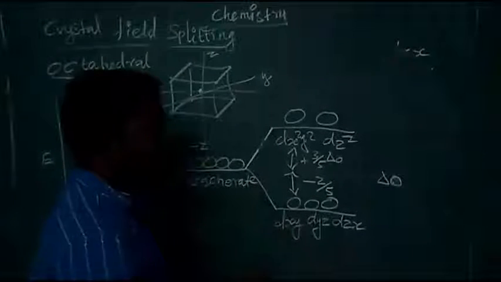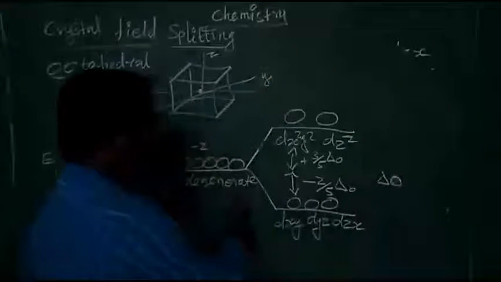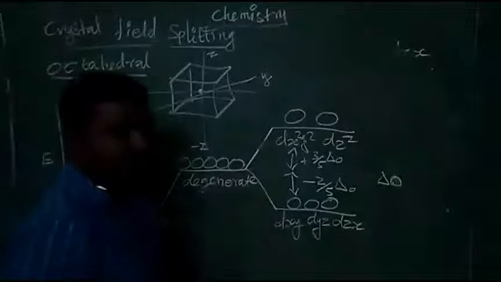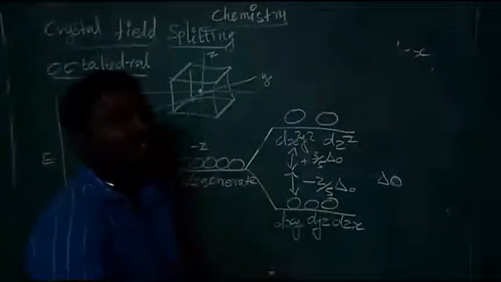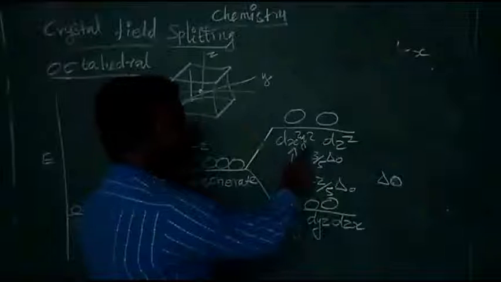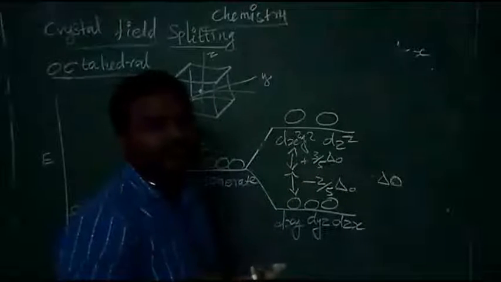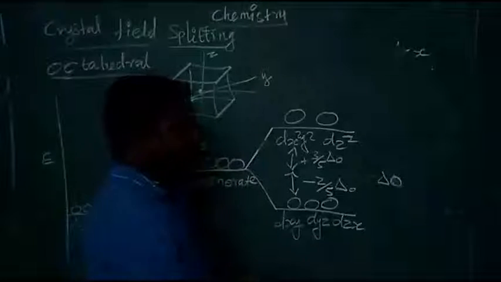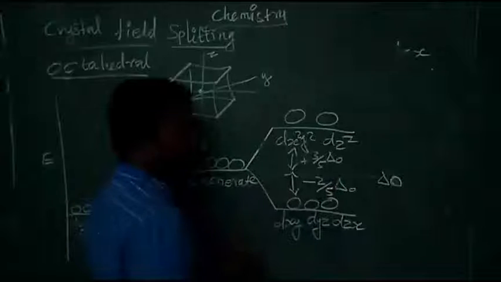Listen carefully. Totally we have 5 degenerate orbitals. 2 have their energy increased because of the axial approach of the ligand. What are they? dx squared minus y squared and dz squared. How much is the energy increased from the average energy? Plus 3 by 5 delta naught.